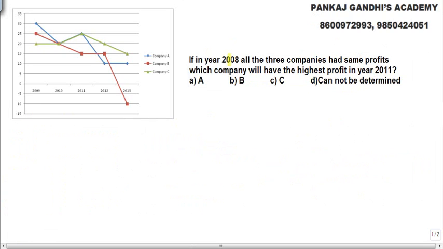Understand the difference now. In 2008 it is given that all are the same. If not, the answer would be cannot be determined, but now that answer will not come. Who had the highest in 11? A smarter person will see that in the first year A grew the highest. Next year all of them grew the same.